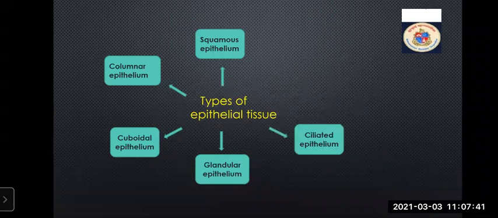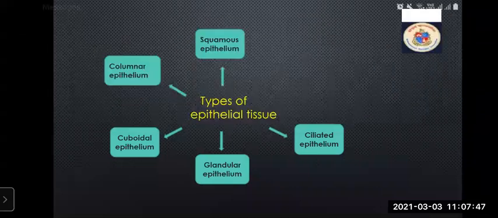Next is ciliated epithelium. Again, this is also a modified type of epithelial tissue where the upper surface, the free end of the cell, bears hair-like structures, very tiny hair-like structures, which keep on moving slightly. Okay, now where are these cells present?